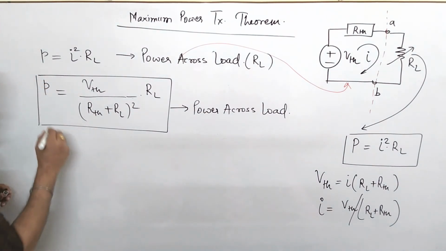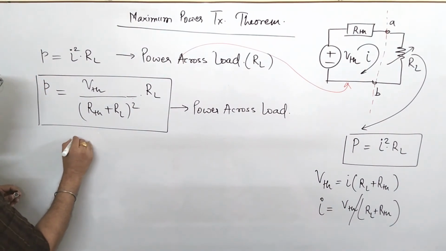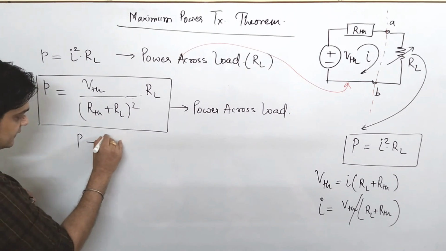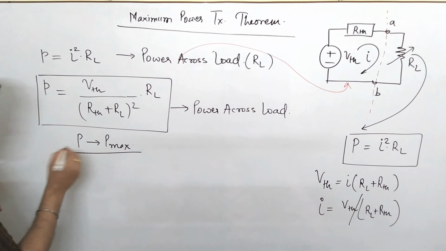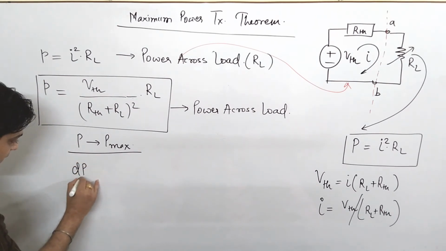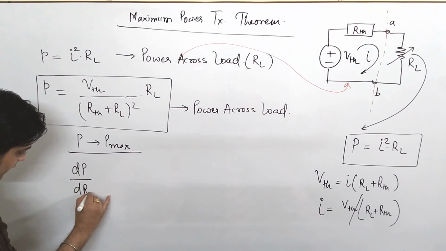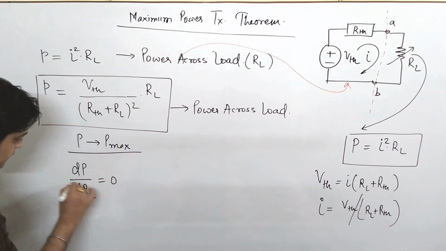Since I have to find the maximum power, this P will become P max under the condition when dP upon dRL goes to 0.